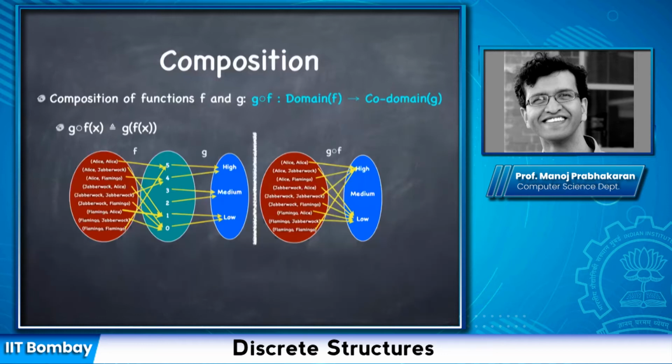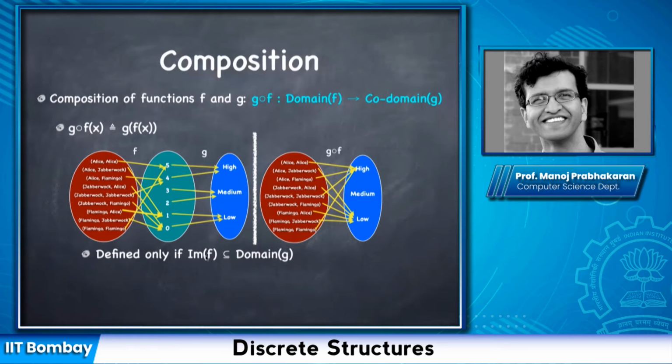Technically, g of f of x can be defined whenever g assigns a value to every possible output that f gives you. So even if g was defined only for the domain 0, 1, 4, 5, you could have still defined g of f of x.